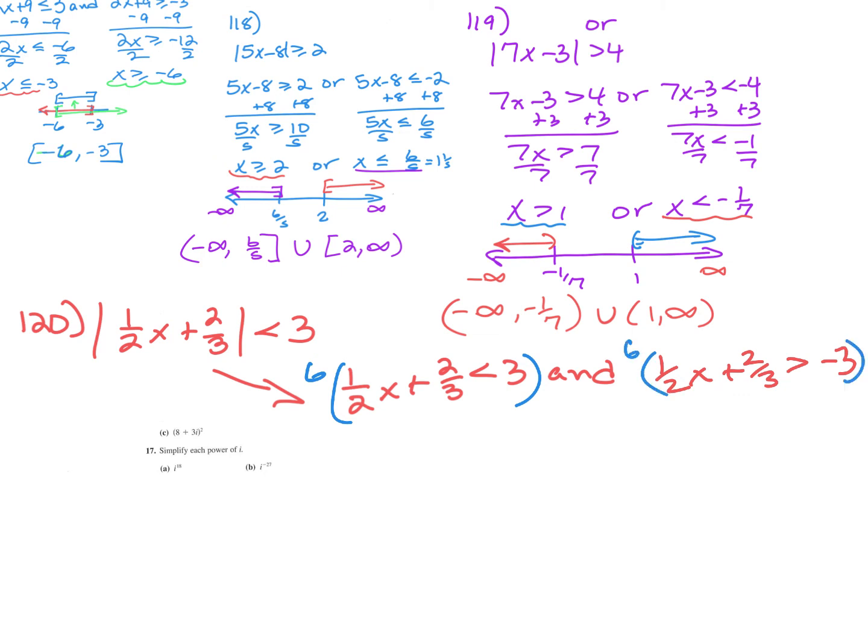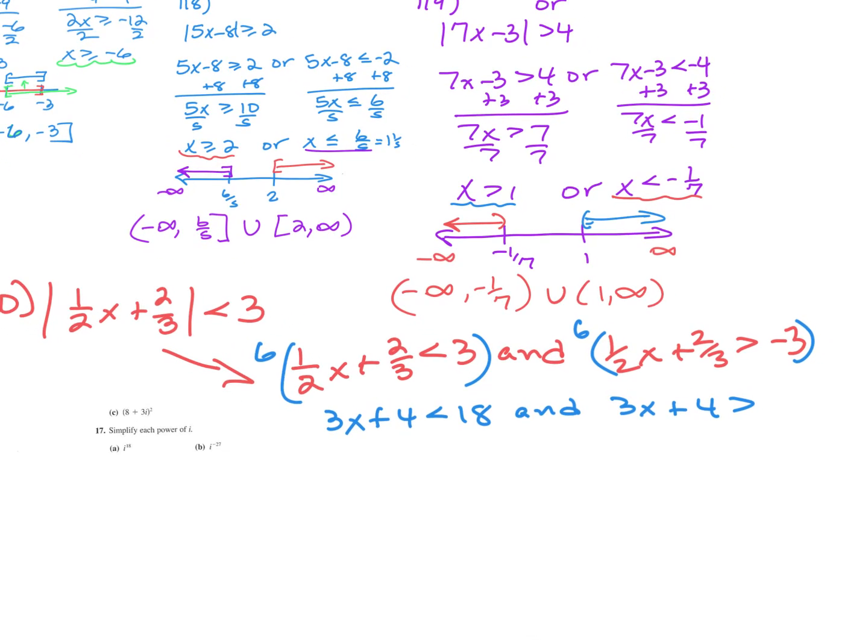So once I distribute it to the first one, I end up with 3x plus 4 less than 18. And here I'll get 3x plus 4 greater than -18.